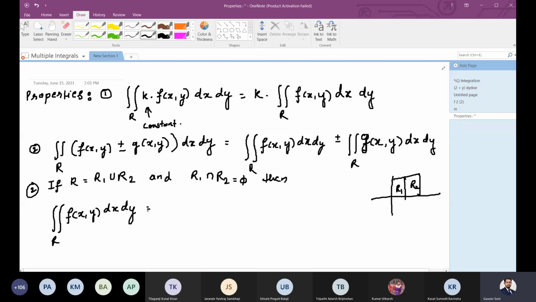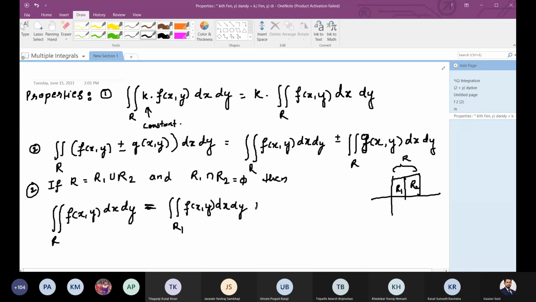So what can we do here? You just have to relate this to some property that we studied. You can separate: the integral over R1 of f of x comma y dx dy plus the double integral over R2 of f of x comma y dx dy.